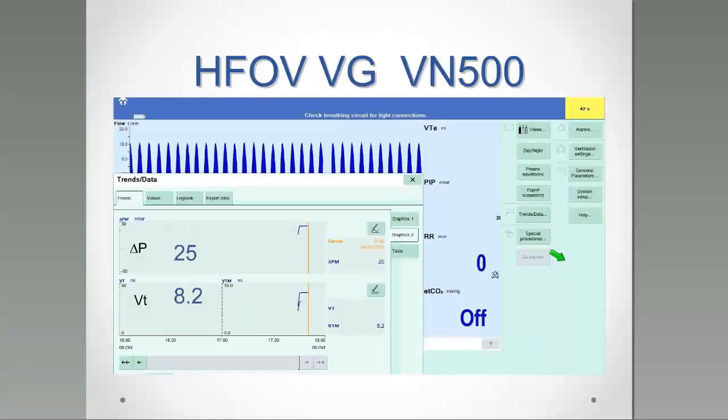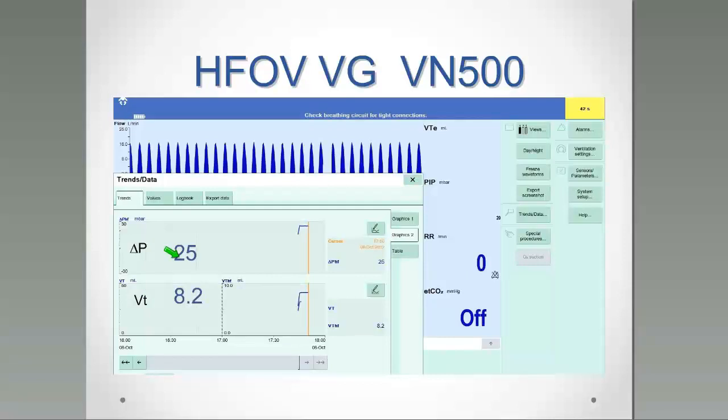Going to the animal lab, what we did here is connect a VM500 to a newborn piglet during high frequency ventilation, and we found that using 8.2 ml as a total tidal volume during high frequency ventilation with delta P of 25, the arterial PCO2 was in the normal range.